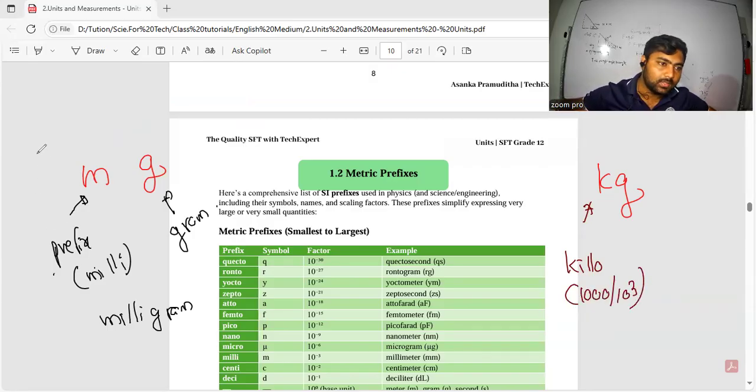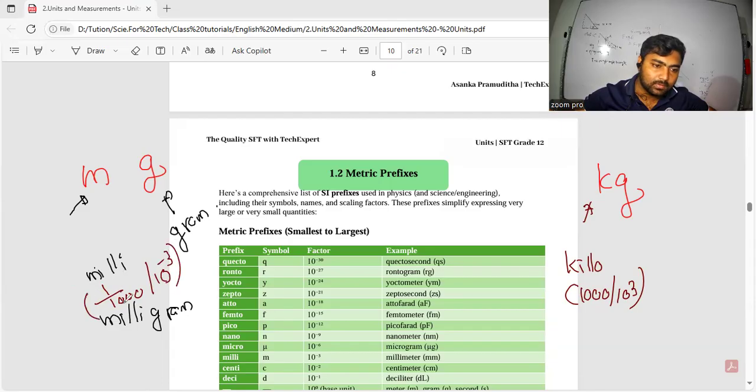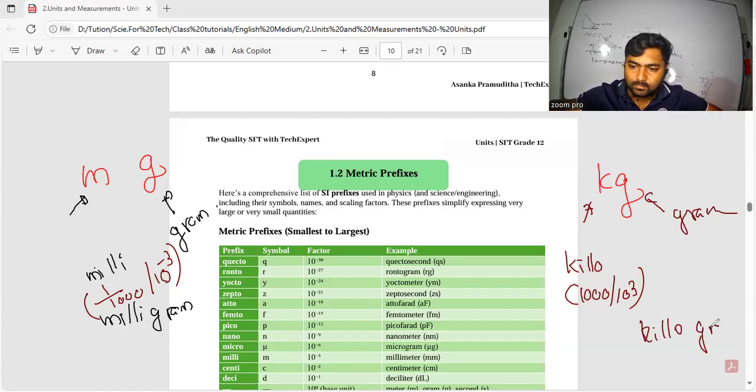And here you can write milli is 1 divided by 1000, or 10 to the power minus 3. Likewise, this is gram. The meaning is kilogram. Write these two examples.